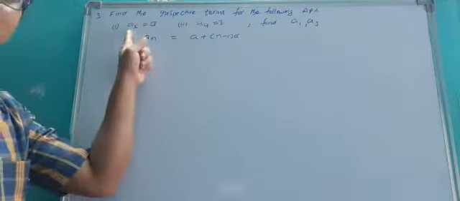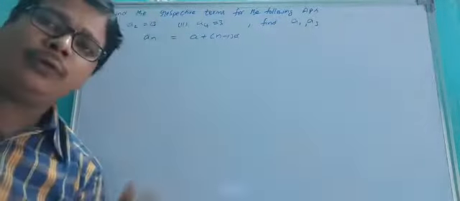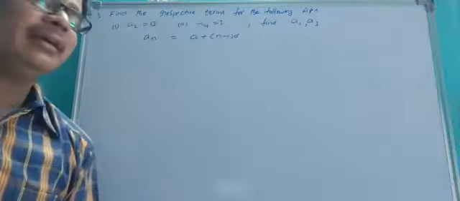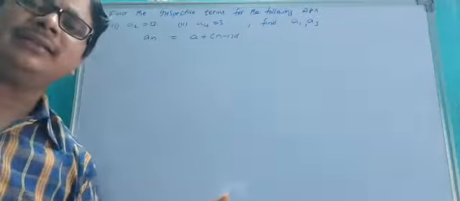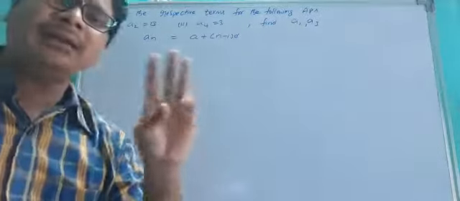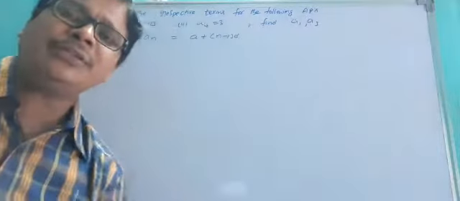Here the second term a2 is given as 13, and the fourth term a4 is given as 3. Find a1 and a3, that means the first term as well as the third term. How to find these?